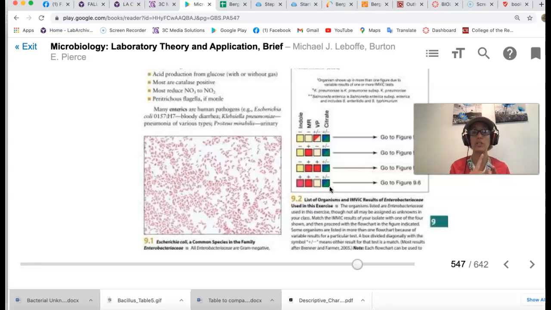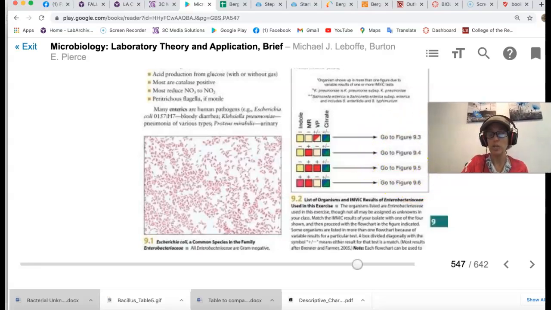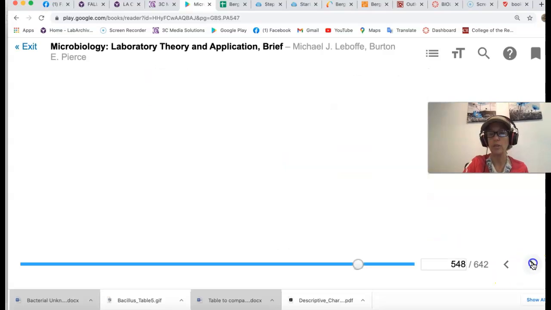So you just need your indole, which is exercise 5-8 from the SIM test, your methyl red and Voges-Proskauer, which are exercise 5-3. Find out if you have all negatives, if you have a negative, a positive, a negative, negative and 2 positives, a positive, and a negative. Whatever your combination for your indole, methyl red, and Voges-Proskauer tells you which table to go to next.